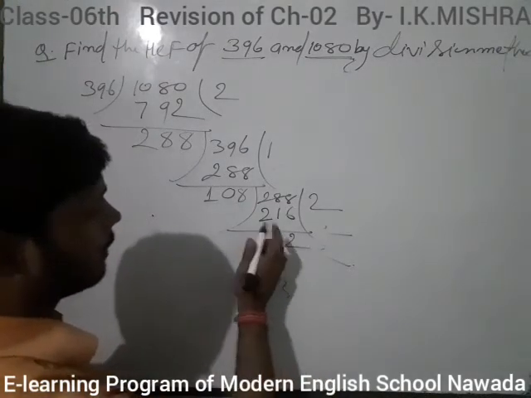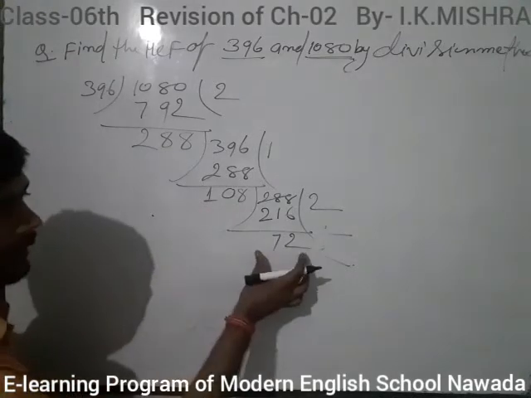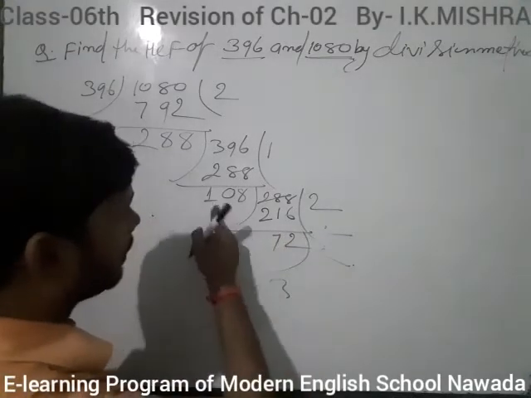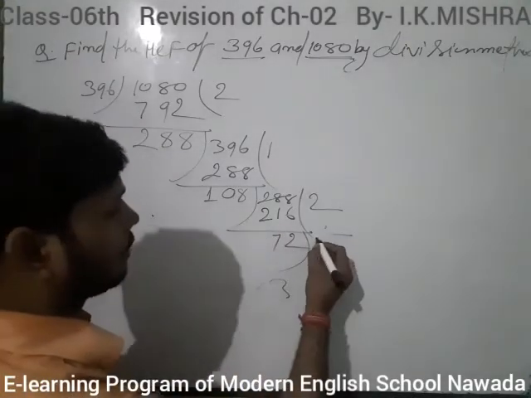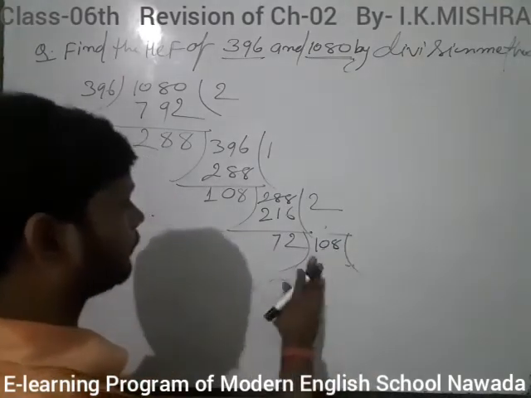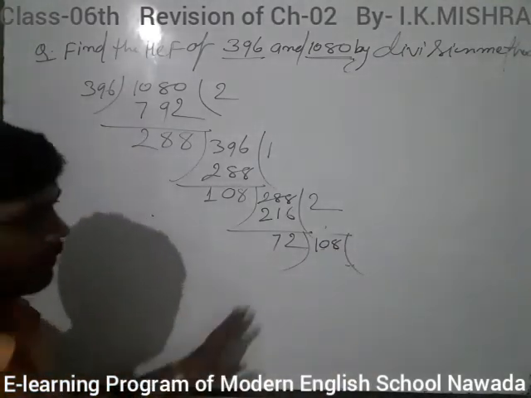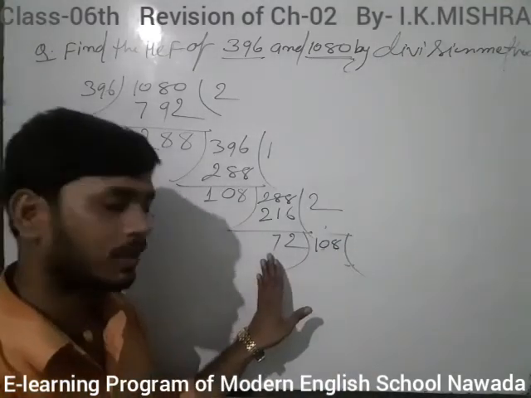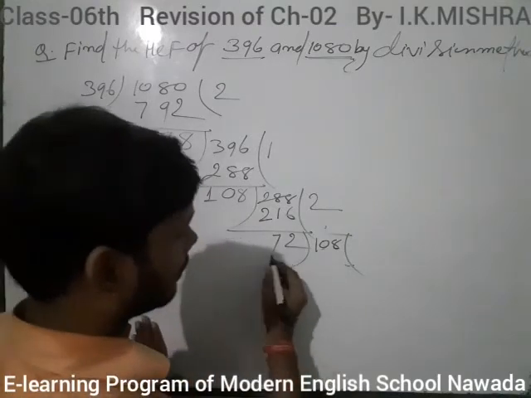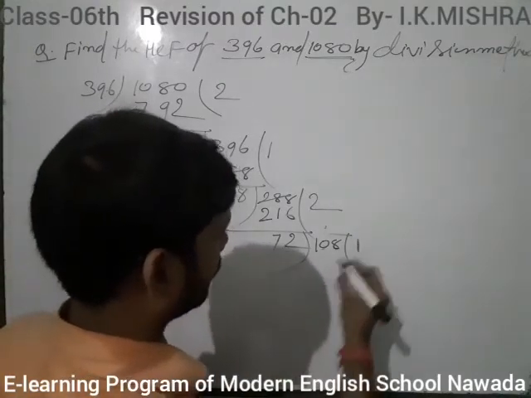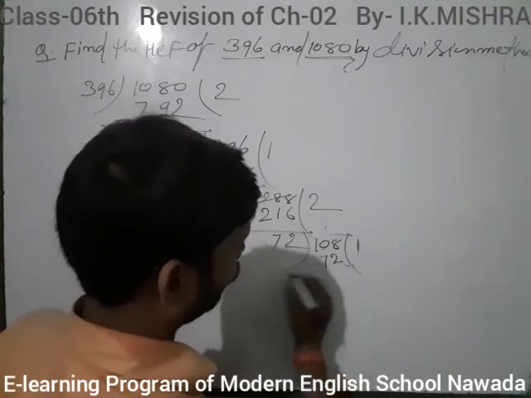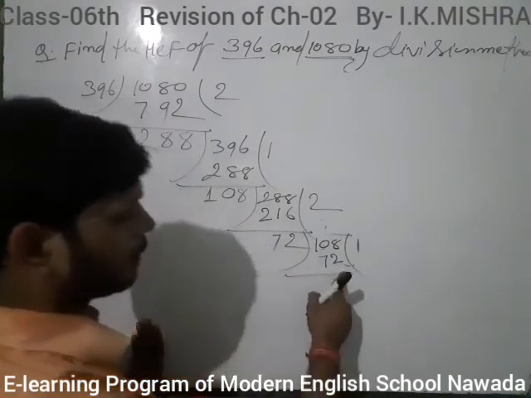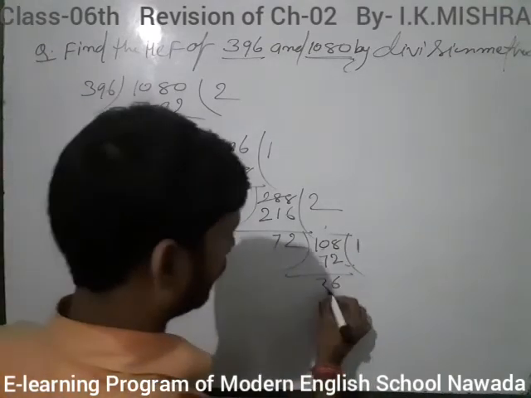After that you have to divide 108 by 72. Again students, how many times will it be divisible? That means here 1 time, 72, and remainder 36.